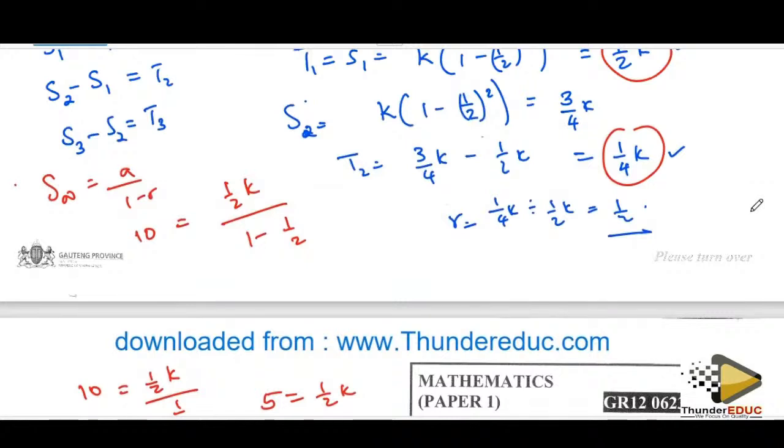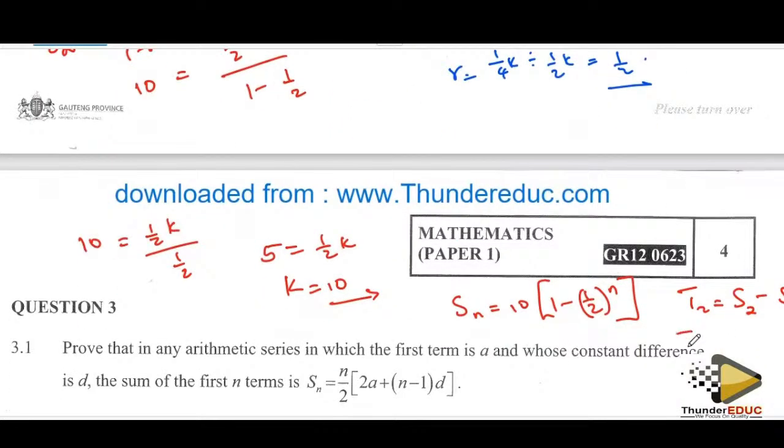So we could simply substitute into that, and where there is K, we just put a 10, without necessarily going through that whole thing. So I'm just going to say that my T2 is going to be 1 over 4 K, which is 10 over 4, which is the same as 5 over 2. I could do it this way, or I could go through all of that effort, but I've already done it, so I don't need to repeat that.